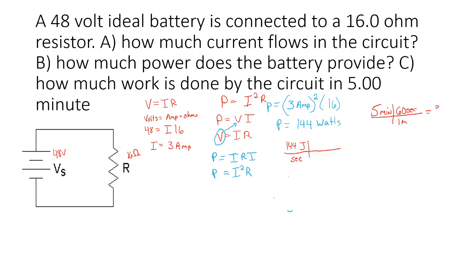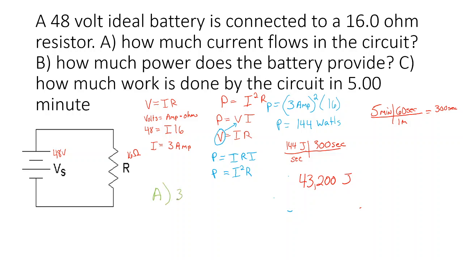So that would be 300 seconds. So put that down here, 300 seconds. We would do 144 times 300, gives us 43,200 joules.